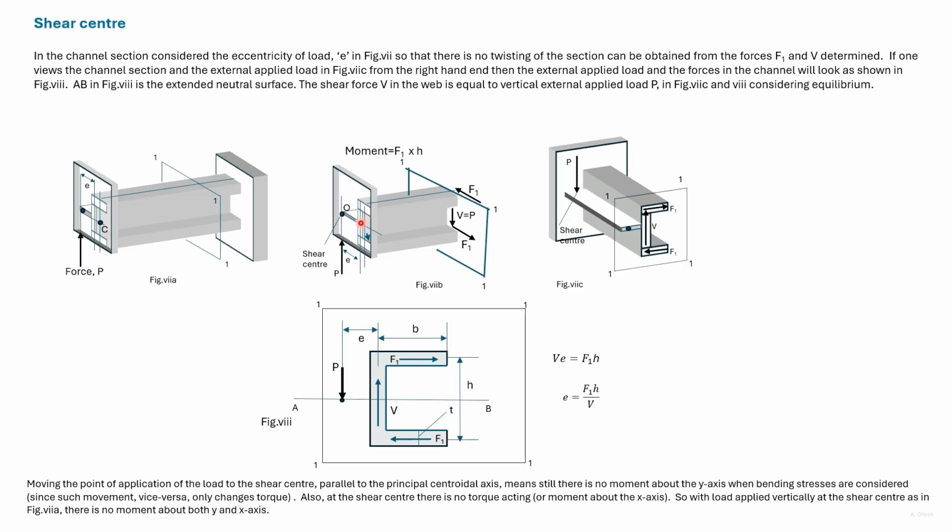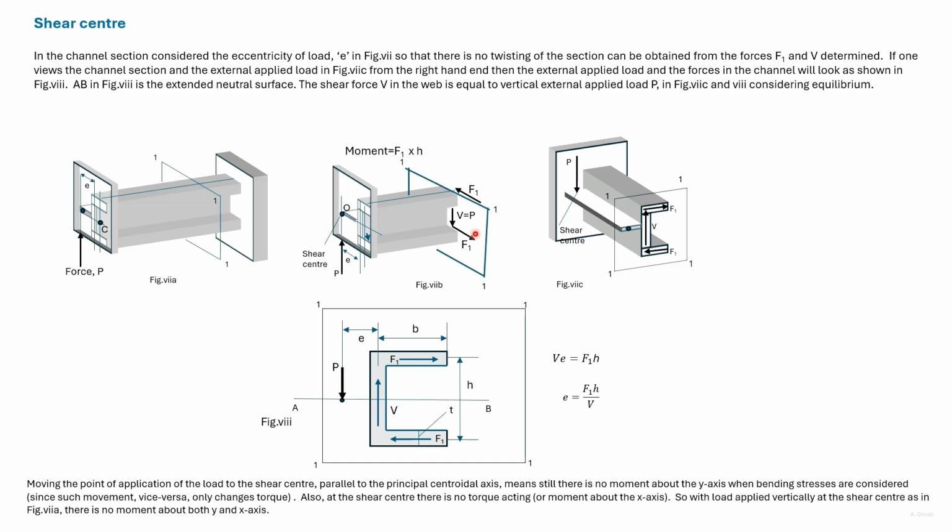Here we denote the horizontal distance from the middle of the web to this line of action as E. If the load is acting through the shear center, then there will be no torque in section 1,1.